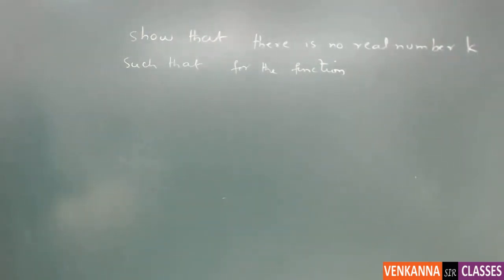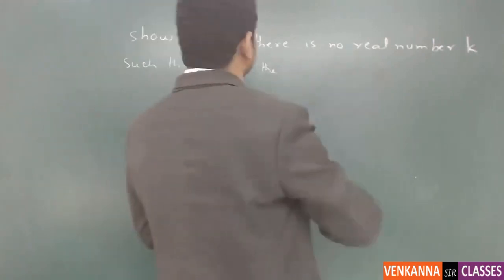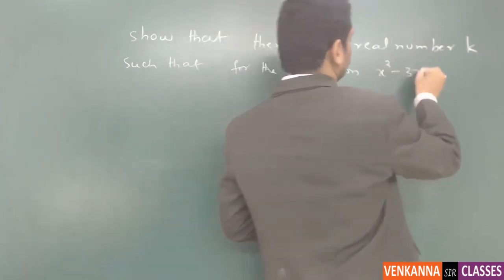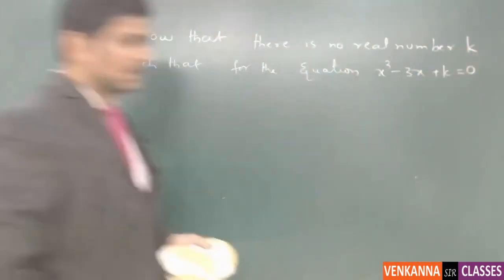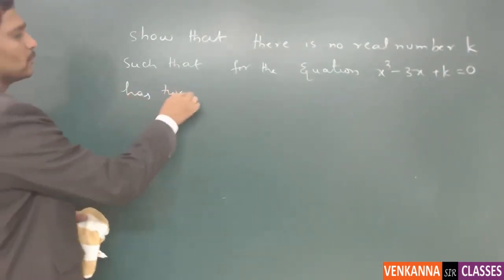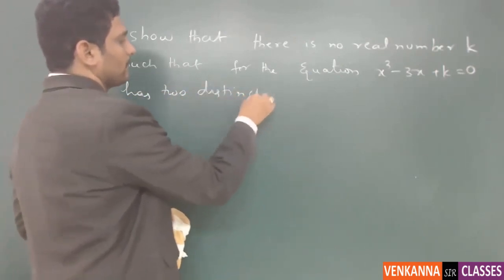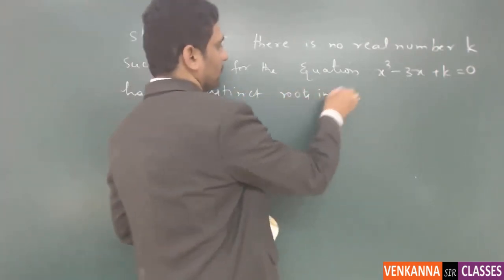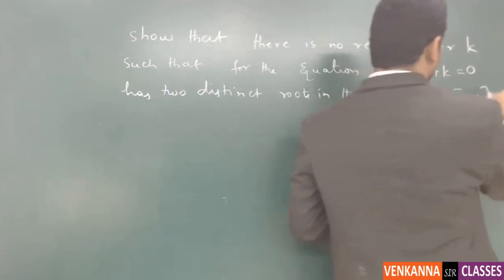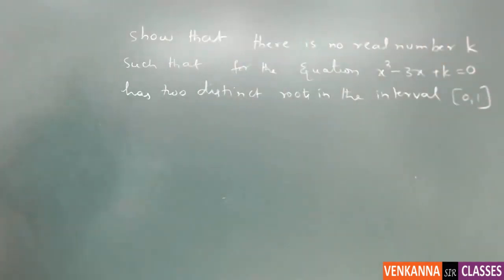For the equation x cube minus 3x plus k equal to 0, please take a note of it, the problem.